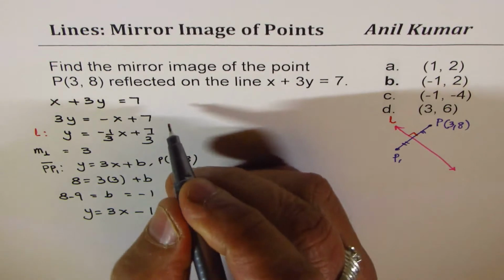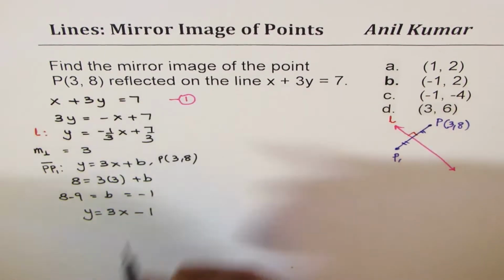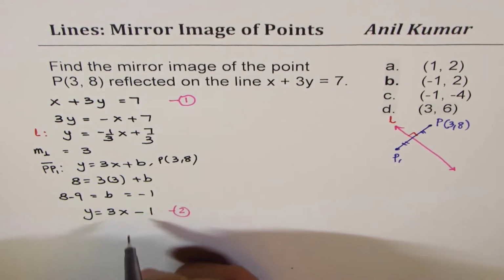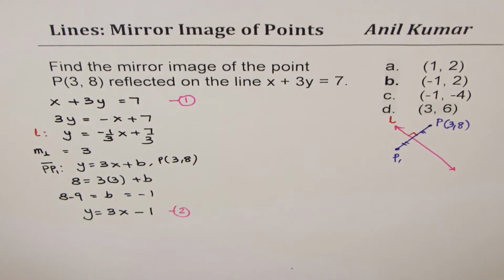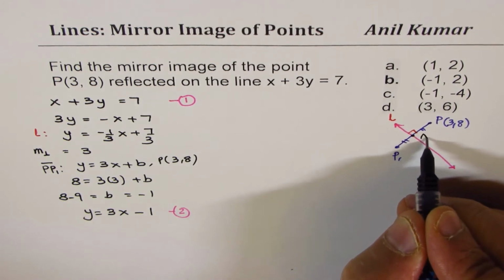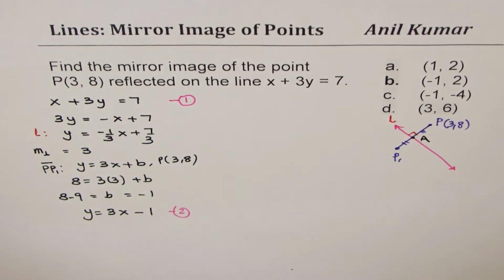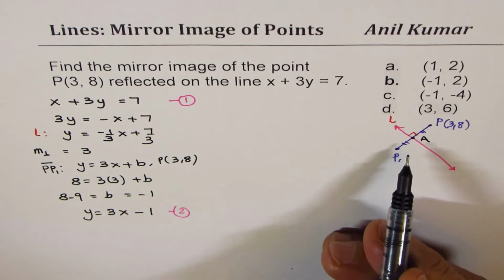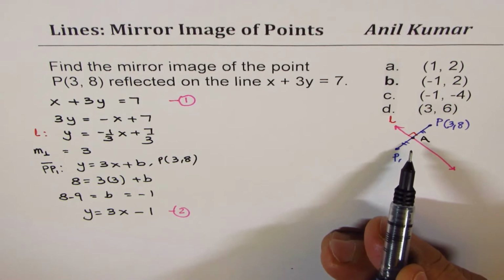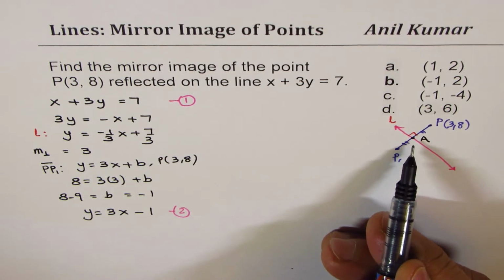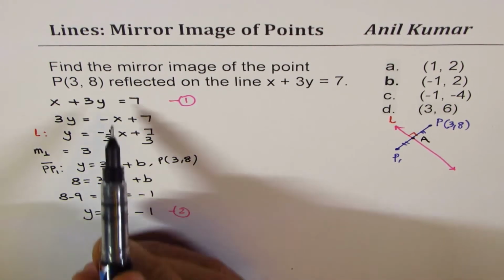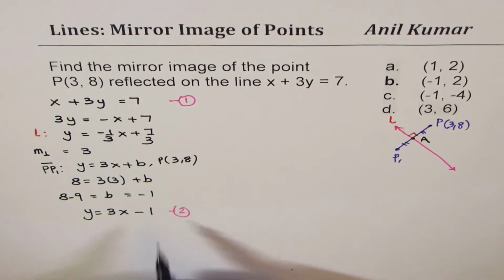So we have two equations of lines, the first one given to us, the second one right here. Now from these two equations, we can find the point of intersection. Let's call this point of intersection A. So now let us find the coordinates of the point A. We can substitute the value of y in equation 1 and then solve, right?